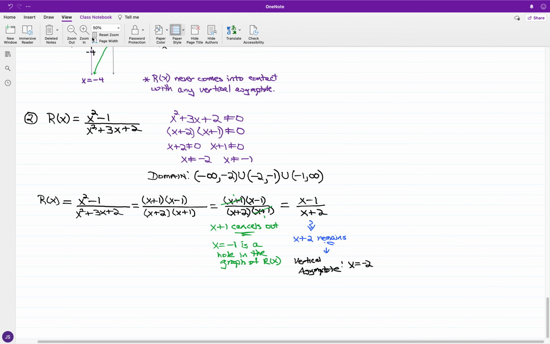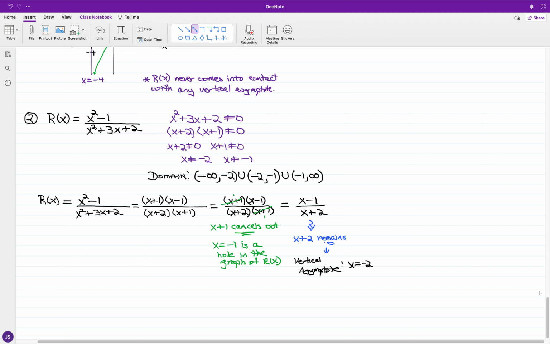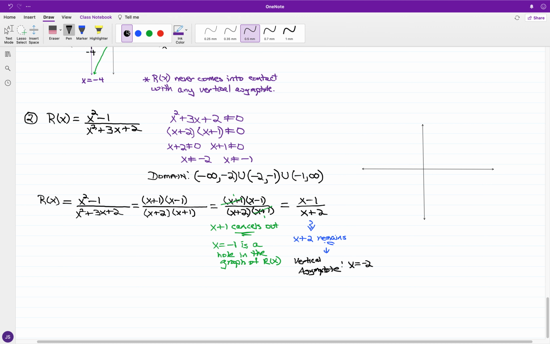And just looking at how r of x will be displayed, I'm applying a bit of a rough sketch here. We have the restricted values, again, at negative 1 as well as negative 2.